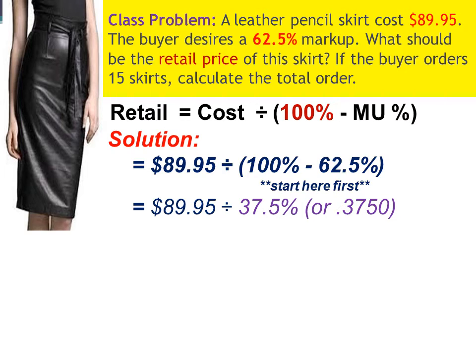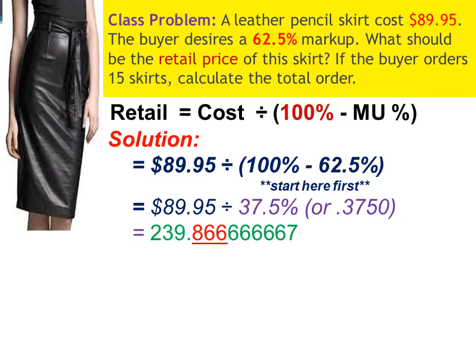From this calculation, you're going to get a weird looking answer like this: 239.8666667. What I want you to do is concentrate on the last 3 digits behind the decimal point, the 866, and that will help you determine what the final retail price will be. Look at the 8 and the 6, and then the final 6, or the third number.